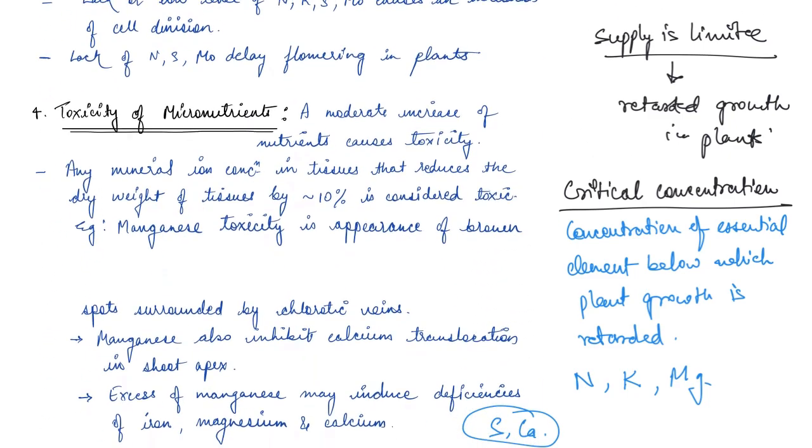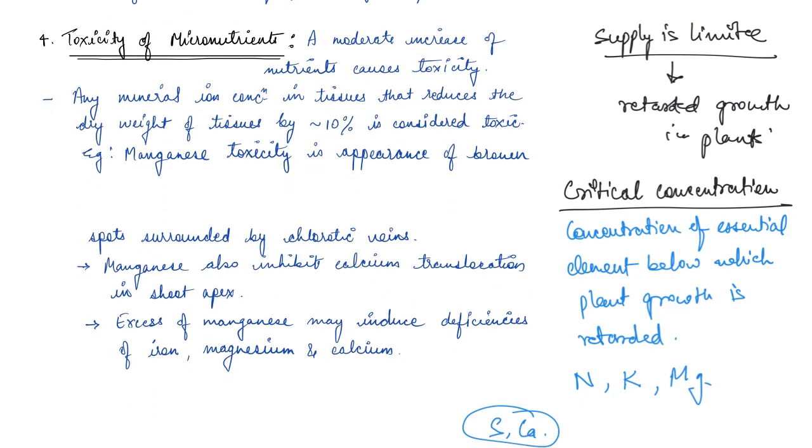So you cannot conclude that you can just pour in a lot of elements in huge quantity and the plants will survive. There is an essential requirement of maintaining these elements in proper amount, not less, not more, right? So if these elements are in moderate increase, they cause toxicity.